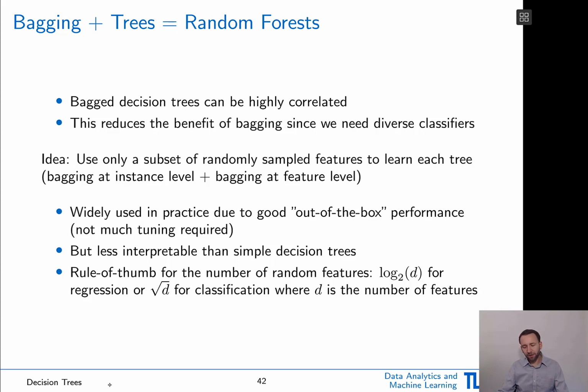So what random forests are actually doing is they increase the diversity of the classifiers by also subsampling the features. So you can think about that we are doing a bagging not only on the instance level, but also on the feature level, okay? So let's say you have a data set X, where you have here feature 1, feature 2, feature 3, and feature 4, like the attributes like age, income, hobby of a person.